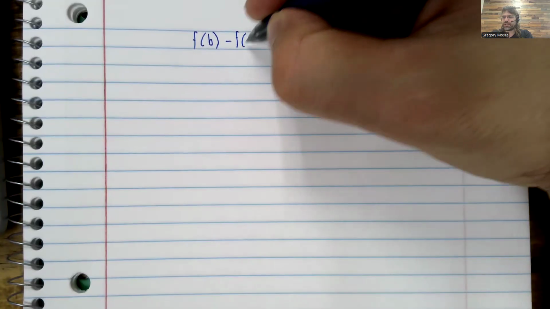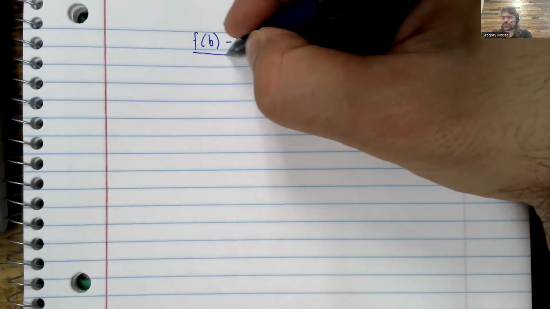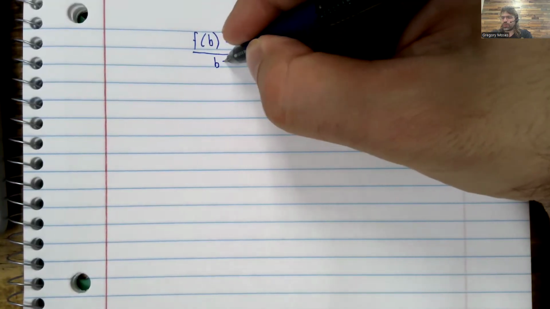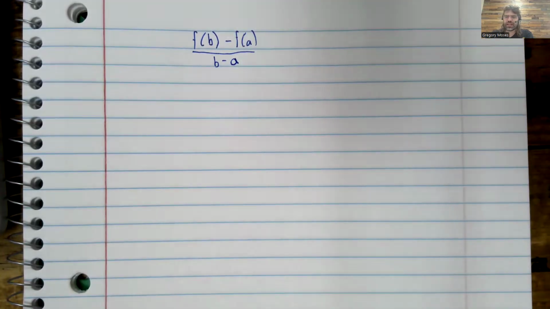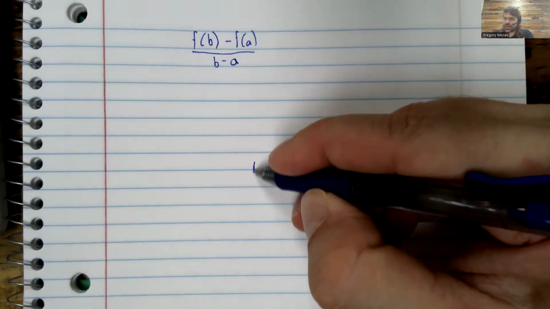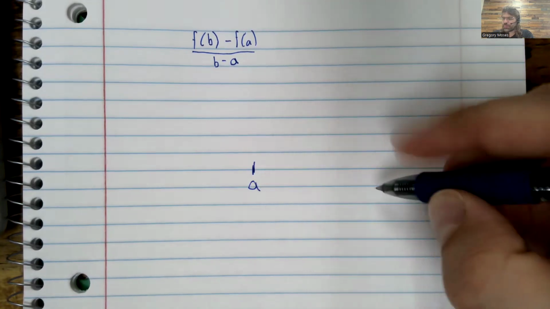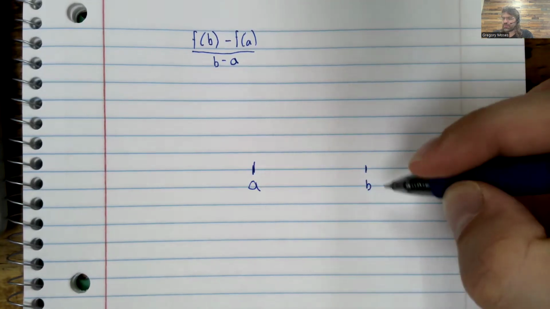So, the average rate of change, f of b minus f of a over b minus a. You have an interval from a to b.